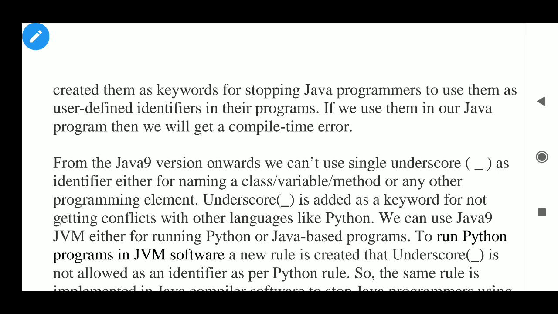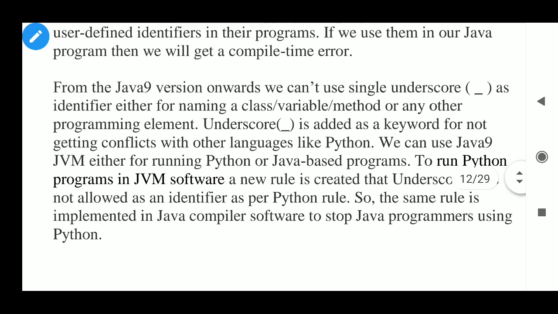We can use the Java 9 JVM for running either Python or Java based programs. To run Python programs in the JVM, a new rule is created that underscore is not allowed as an identifier, as per the Python rule. So the same rule is implemented in the Java compiler to stop Java programming using Python.